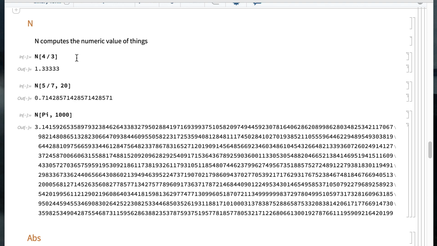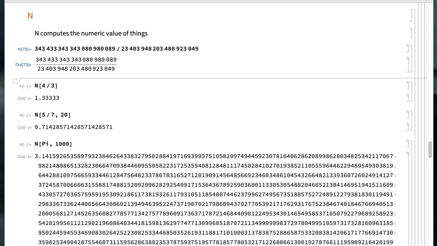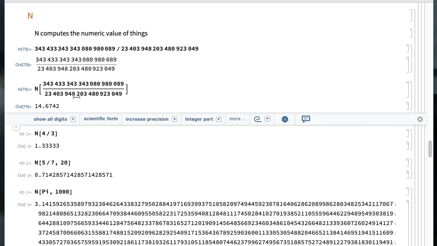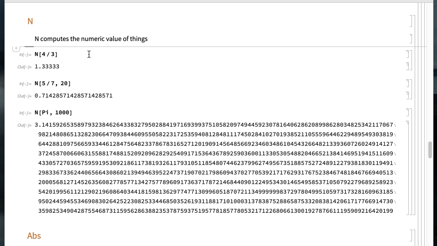N. Mathematica loves exactness. And so if you tell it what is this divided by this, it's going to tell you, oh, it's exactly that. But often that's not very useful. I really don't know what that is. And so you can ask it, what's the numerical value of that? And it's going to tell you. That's all that I've done here. You'll also see me use N using afterthought notation.